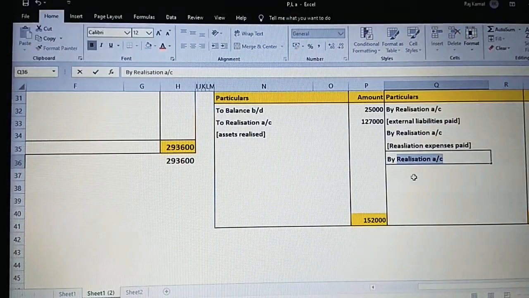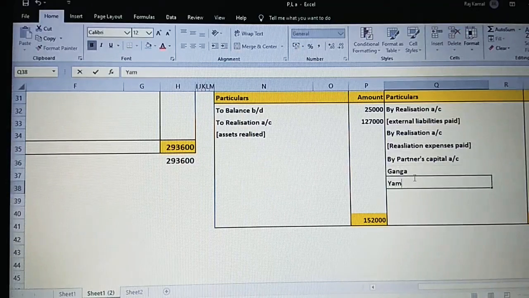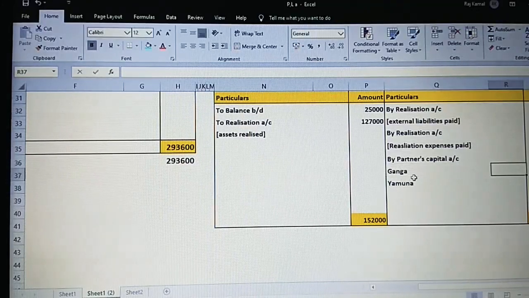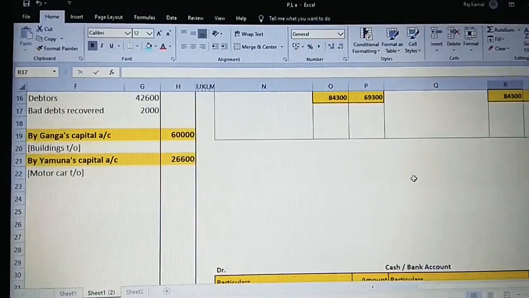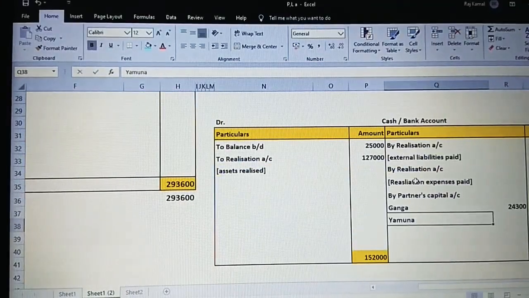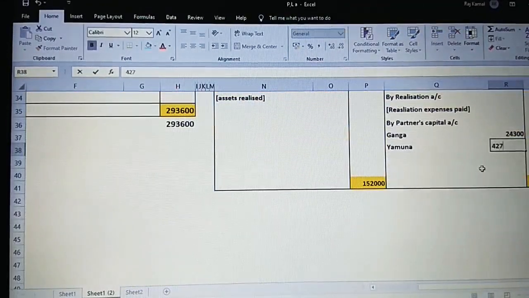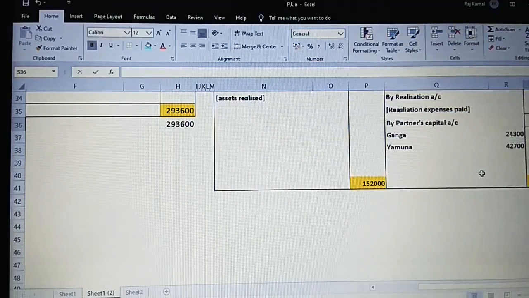By partners capital account, Ganga, Yamuna. So Ganga gets 24,300 and Yamuna gets 42,700.